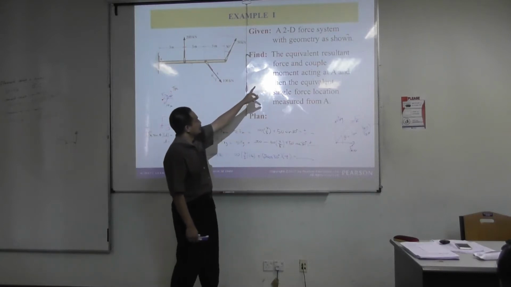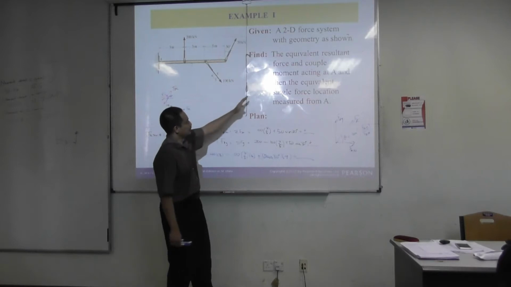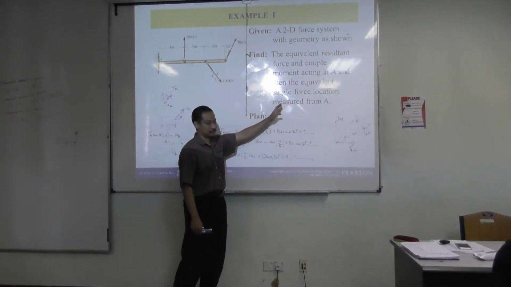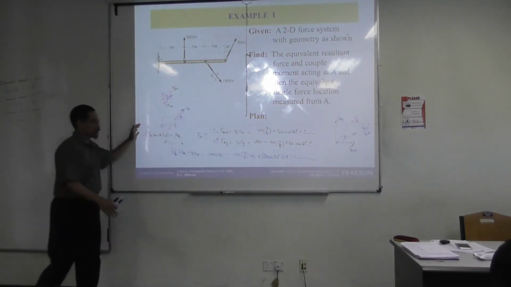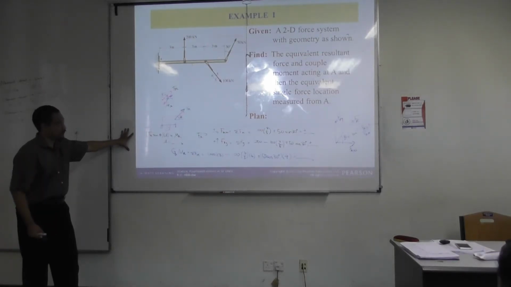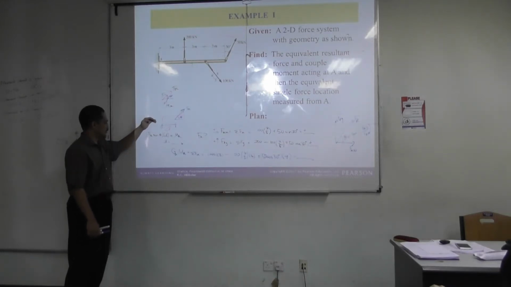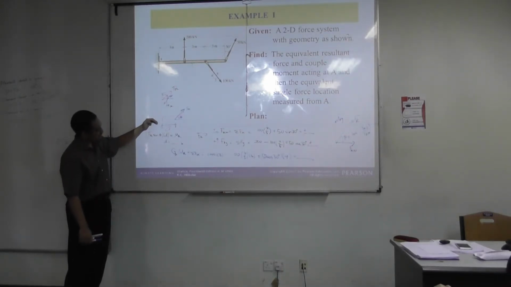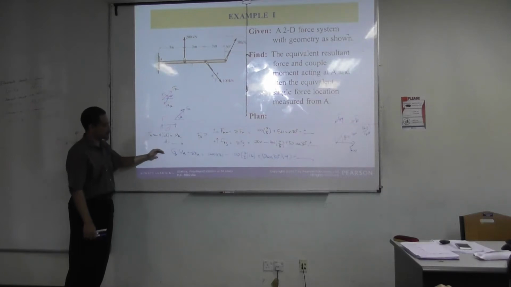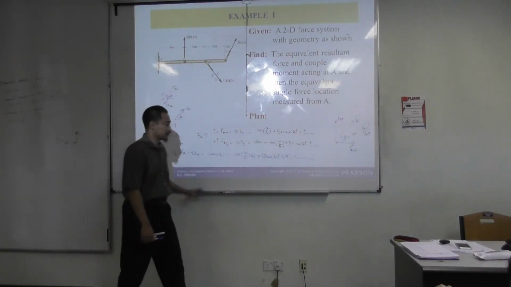What is equivalent resultant force and couple moment? What is equivalent single force? This is the thing. So make sure you do not lose your marks because of not understanding the question. Secondly, careless mistakes are sometimes the factor behind losing marks here, right?